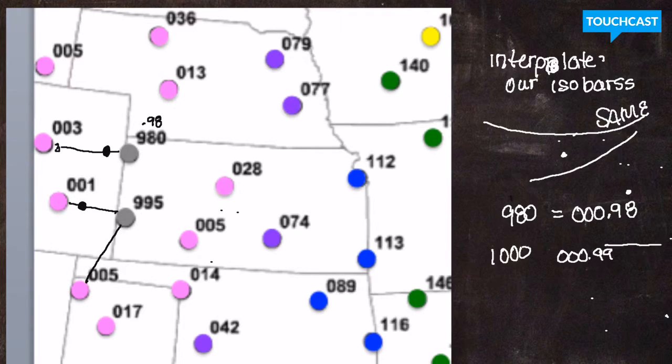And between here, it's going to be closer here. It's going to be closer here. It's going to be way closer here. So we're estimating where 0.9999, if we were to have a pressure station with that data, where that would be. So that's what our dots represent.